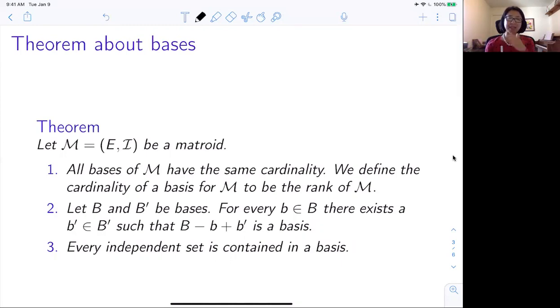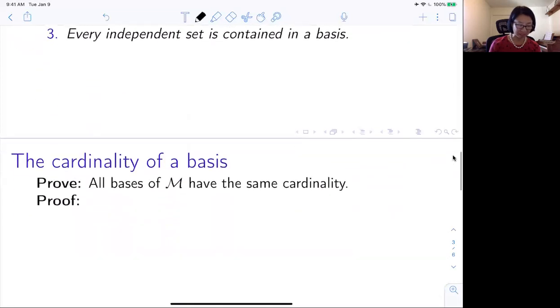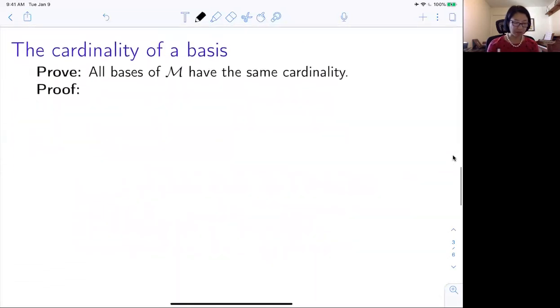So I get B minus b plus b prime, and that will be a basis. That's called the basis exchange axiom. And then finally, every independent set is contained in some basis. And that property number 3 is going to be really important when we think about greedy algorithms in a lecture or two from now.